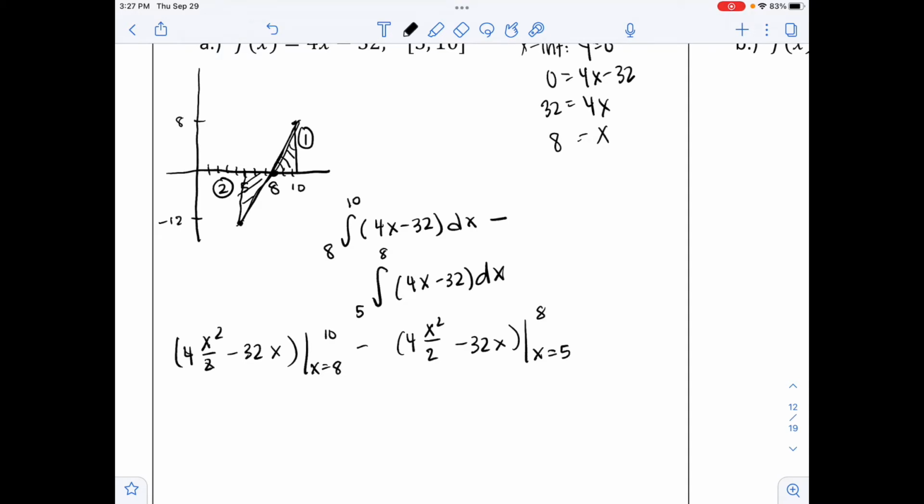You can clean this up a little bit and just call this a 2x squared, but substituting in the 10, and then subtracting away and substituting in 8.